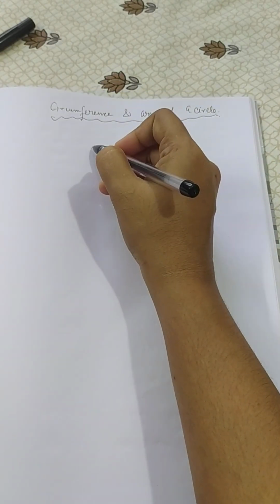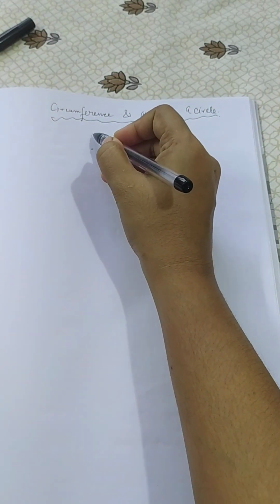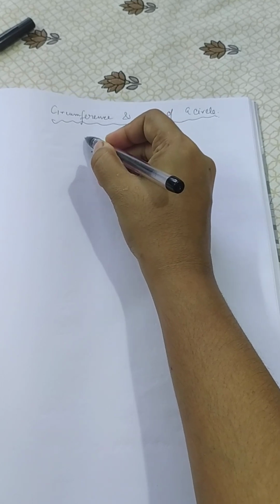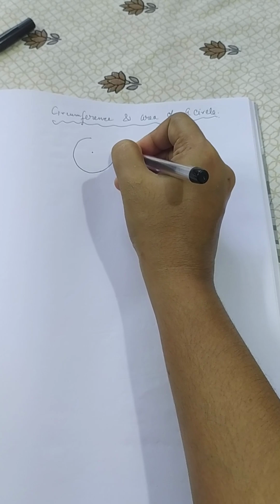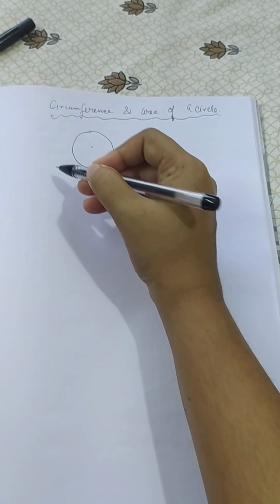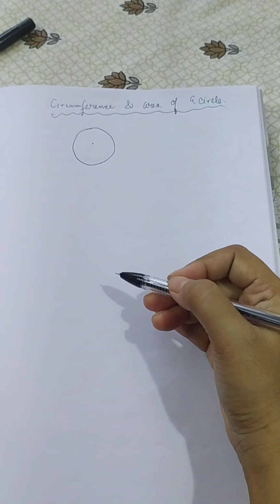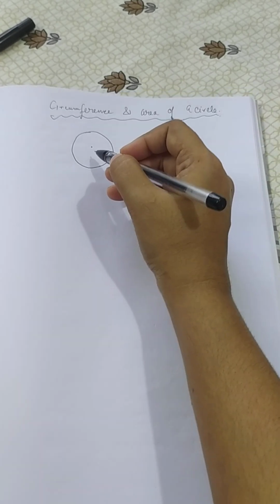Okay, so already we have some very basic idea about a circle, that from a center, if we make an equidistant curve, it will be like this.